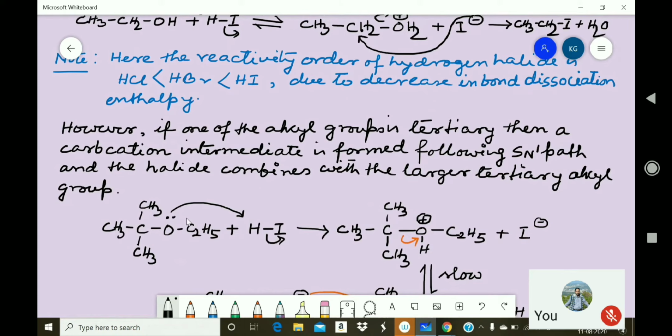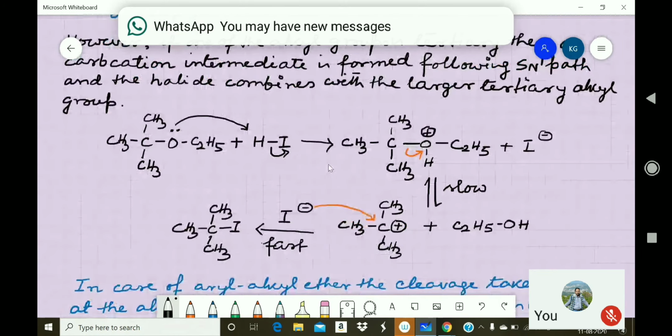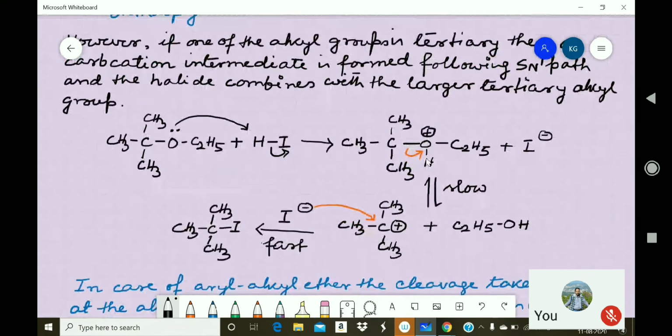That means the ether gets protonated forming this intermediate, and from there the carbon oxygen bond is broken due to formation of the more stable 3-degree carbocation. And in the second step, the nucleophile halide attacks this 3-degree carbon, giving rise to this tertiary alkyl halide.